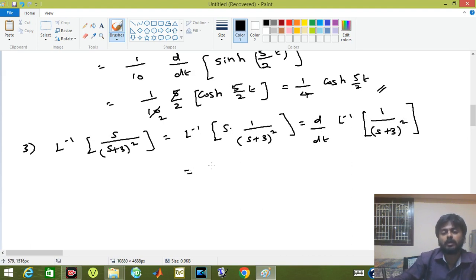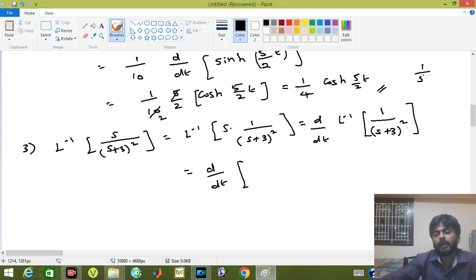Okay, so that is d by dt of, what is this? 1 by s square. L inverse of 1 by s square means you will have t.